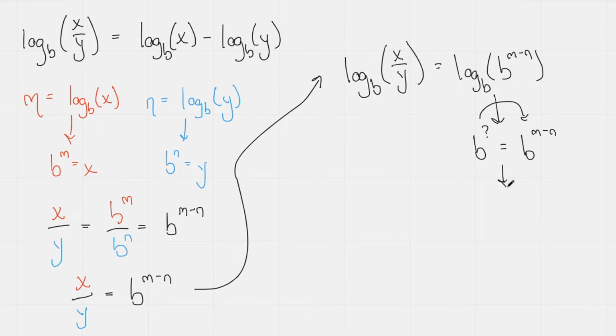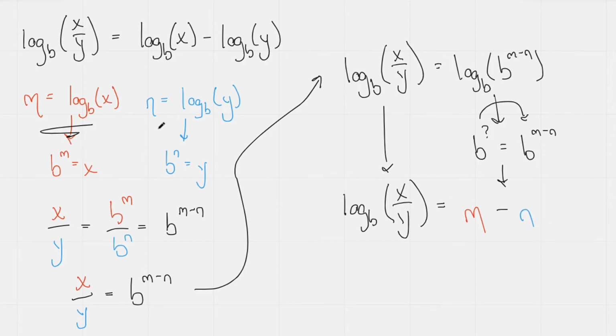So we can simplify the right side of this equation and say that the log base b of x divided by y is equal to m minus n. Now, recall what we established m and n to be. m is the log base b of x, and n is the log base b of y.